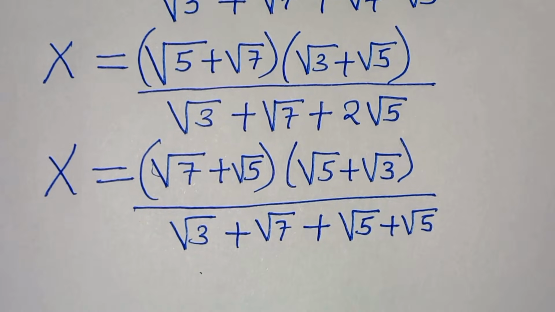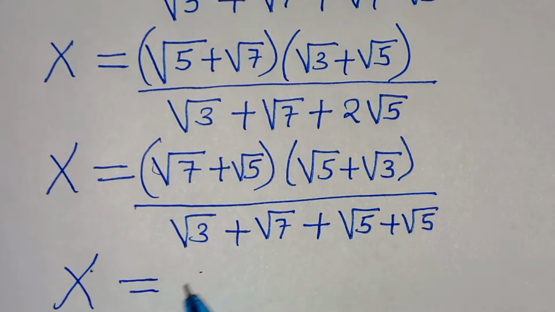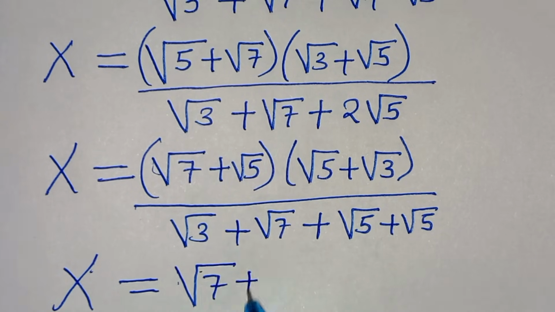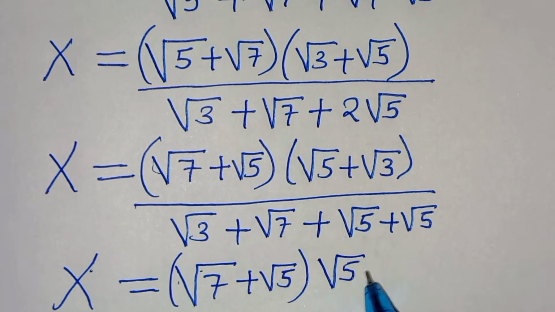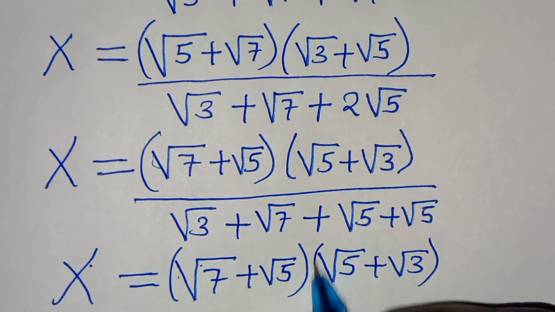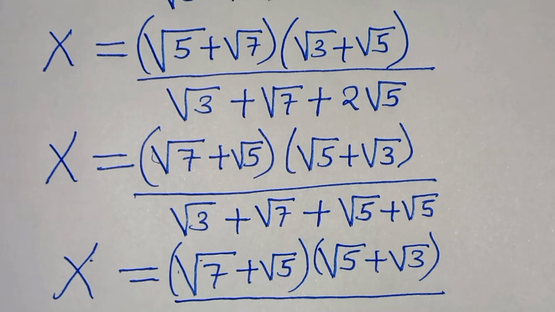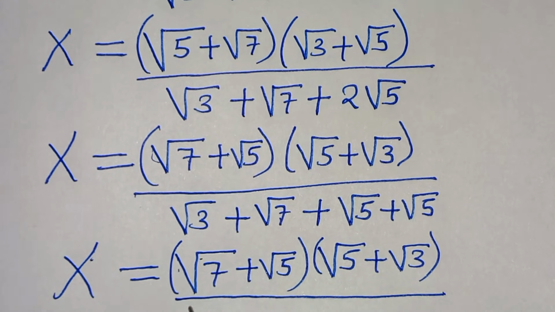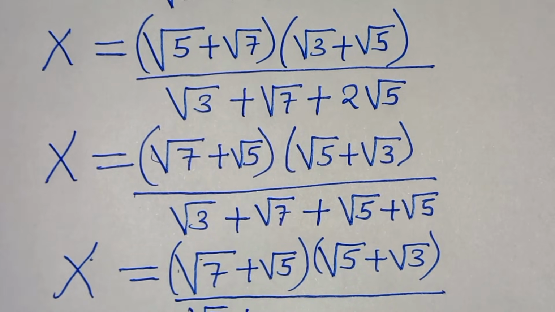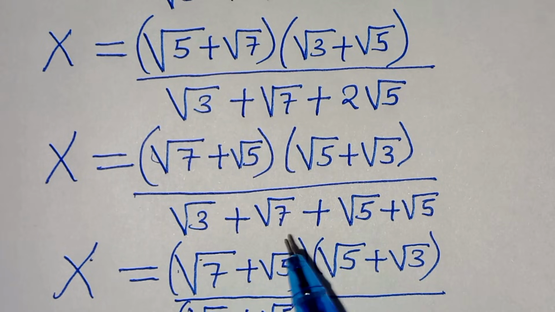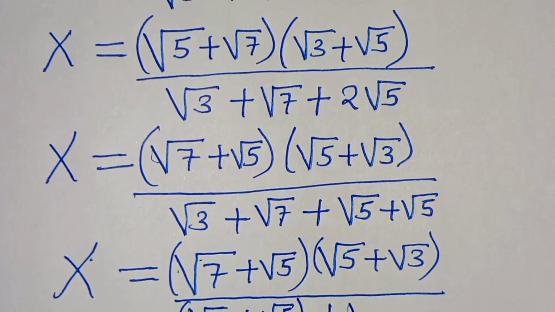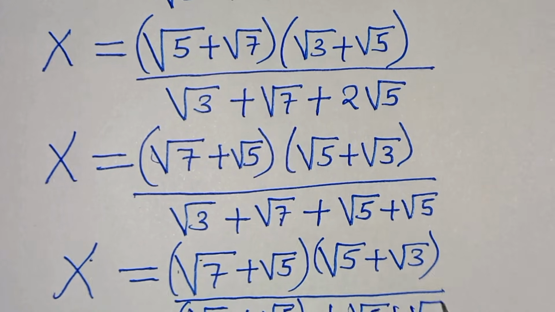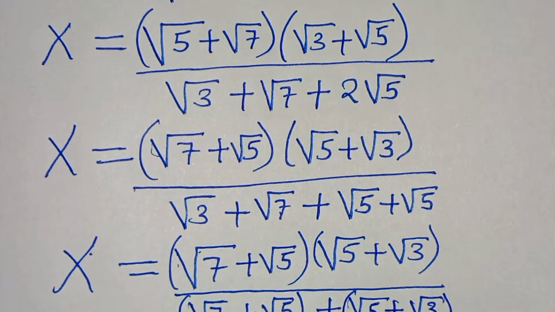Now, this means that x is equal to square root of 7 plus square root of 5 multiplied by square root of 5 plus square root of 3 divided by, now here we have square root of 7 and square root of 5. So this is square root of 7 plus square root of 5, close the parentheses, then plus square root of 5 and square root of 3. So this is square root of 5 plus square root of 3. Let's close parentheses.